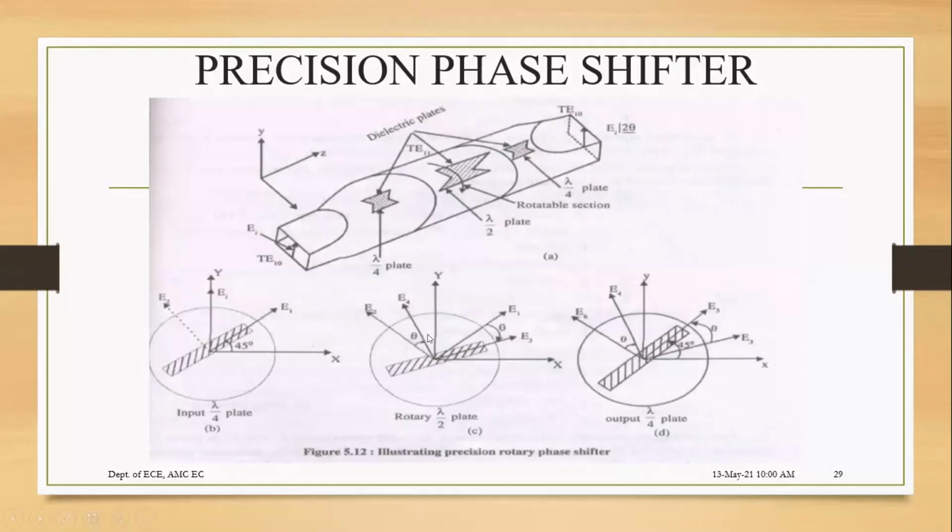Here the rotation of angle is along the direction of E4, so it will be positive. So E4 will be equal to E2 cos theta plus E1 sin theta into e to the power minus j beta 2L.